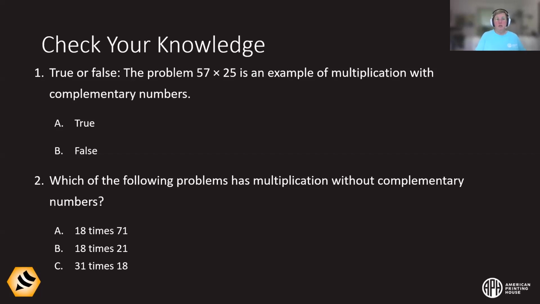And after you've done that one, which of the following problems has multiplication without complementary numbers? In other words, which one's the easier one? 18 times 71, 18 times 21, 31 times 18.